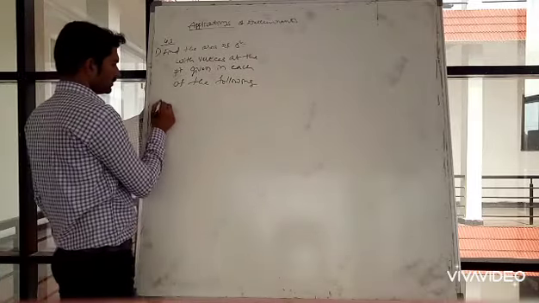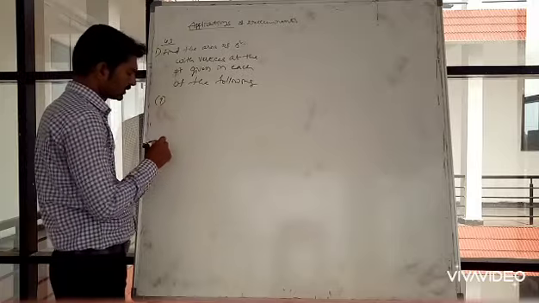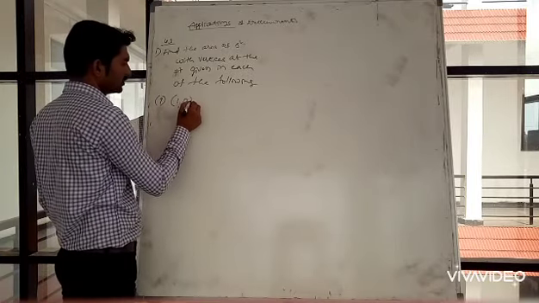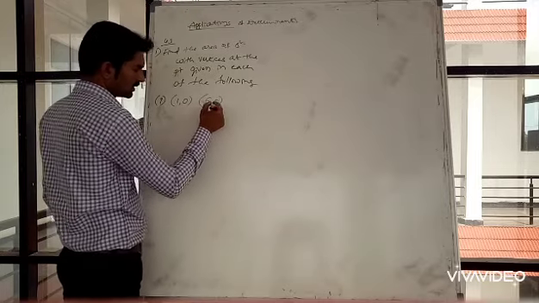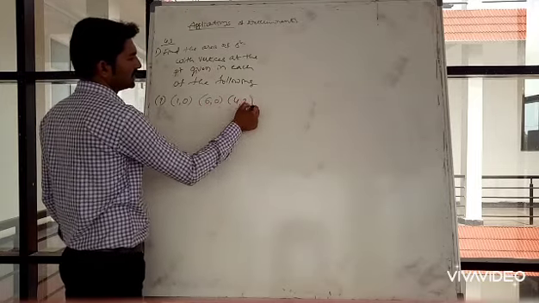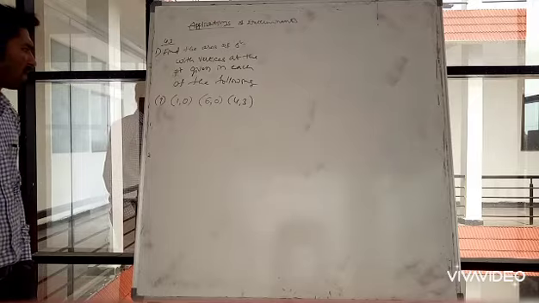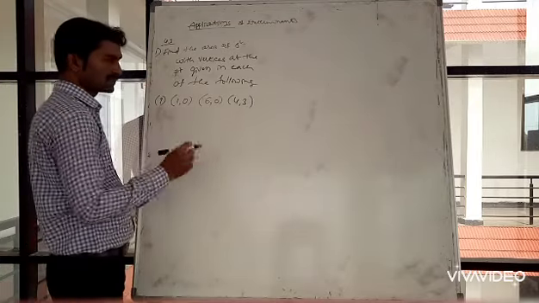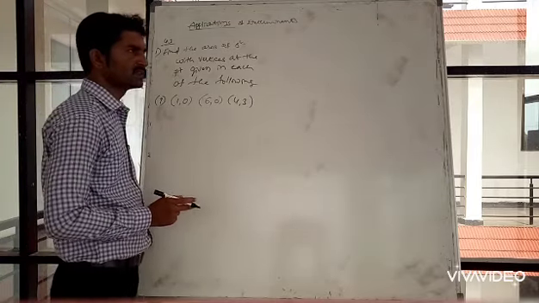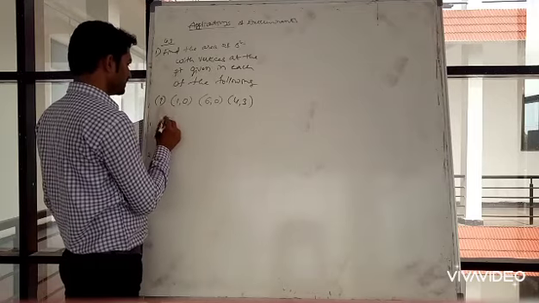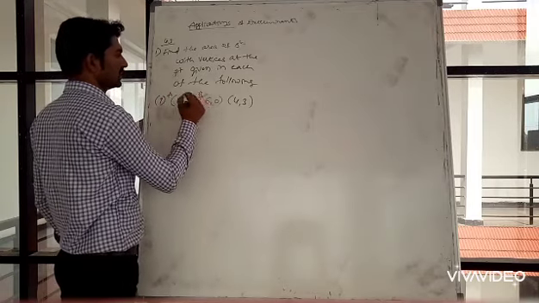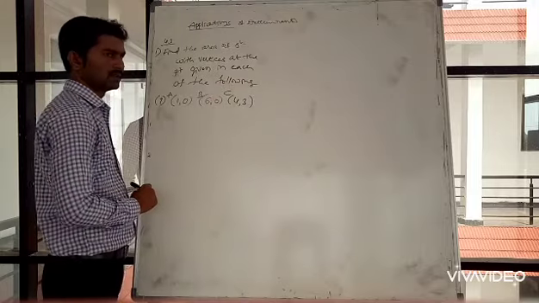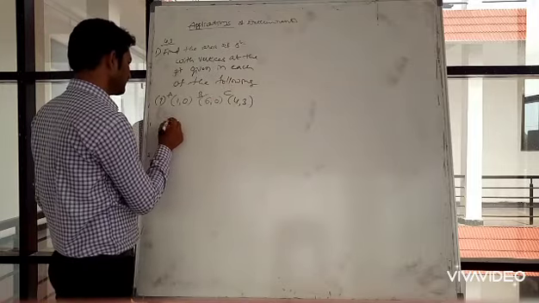So the first one: (1, 0), (6, 0), (4, 3). Here they have given the vertices and are asking to find the area of the triangle. So let us consider them as A, B, C. These are the 3 vertices A, B, C.